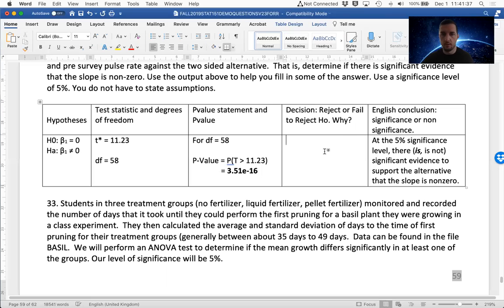So that's basically 0. So we would reject H0 since p-value is less than alpha. And then at the 5% significance level, there is evidence to support that the slope is non-zero.